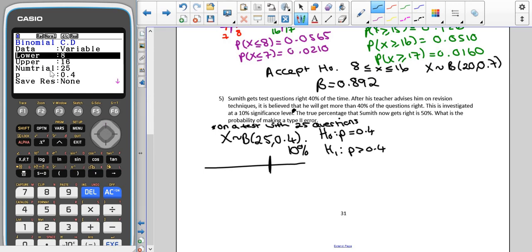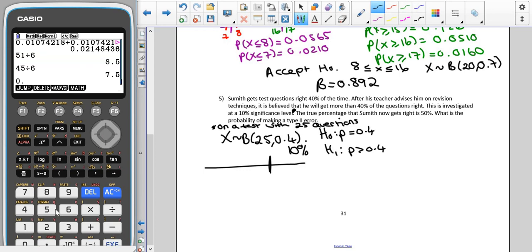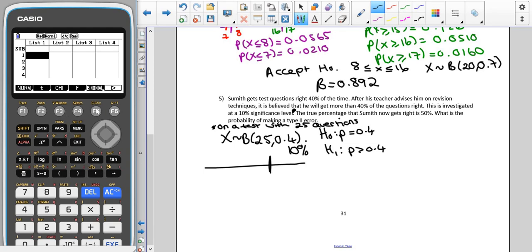Again, if we have a think of what the mean would be, because we definitely want to be more than the mean. So 0.4 times 25. I believe that's 10, just double checking, 0.4 times 25. That does give us 10 as our mean. So we're going to try a value that's bigger than 10.